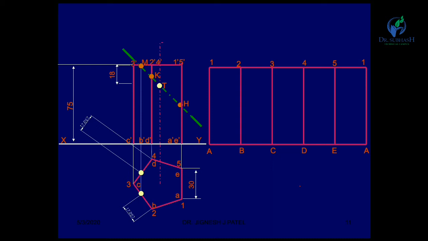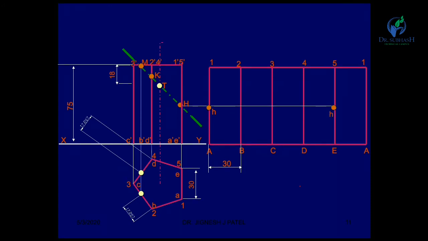Now we have to project these points H, T and M onto this development. So draw the projections of points H, T and M. The distance between points AB is 30, BC is 30, CD is 30. Now project point H. Point H is on A-1', so here on A1 and also on E5.